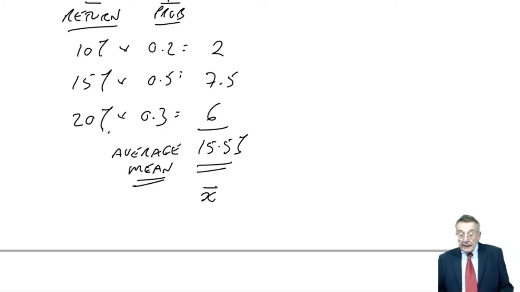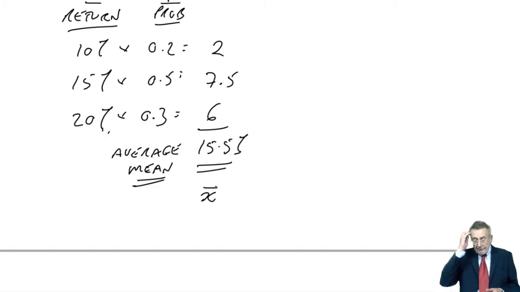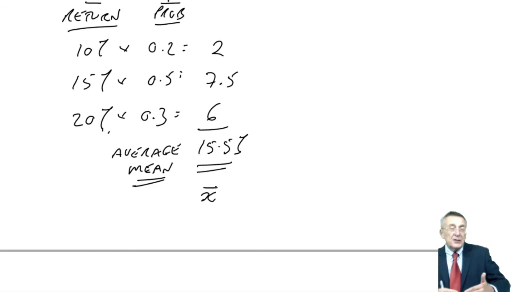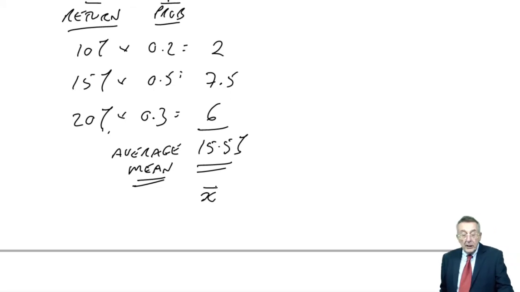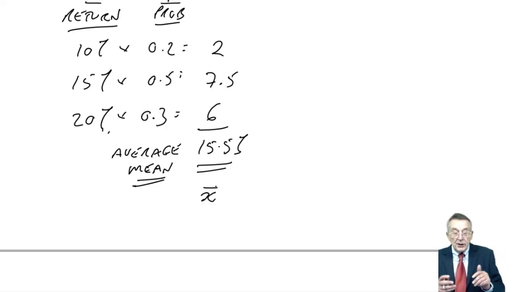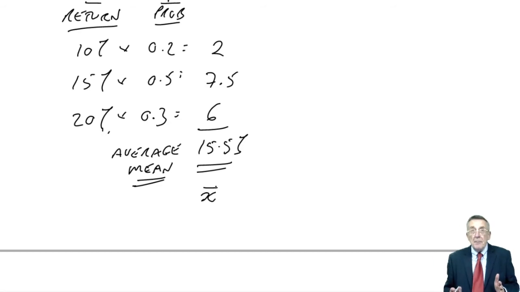Anyway, that's the mean, but as I said before, we want some measure of how much the spread is, how much higher or lower it might be from the 15.5. So we know it's actually going to be 10, 15 or 20. Let's measure the deviation, the difference, how far away it might be from the average.